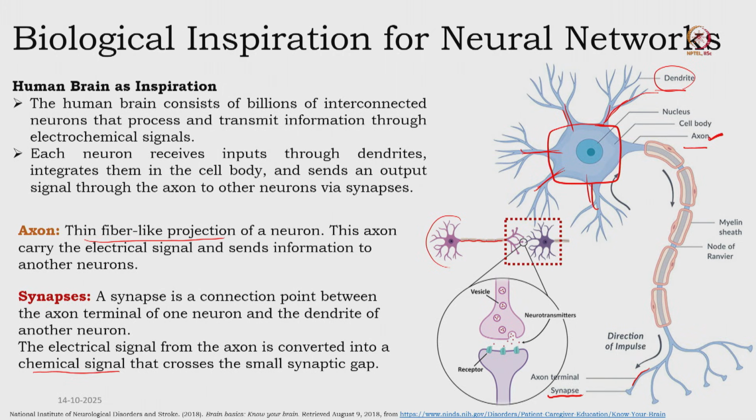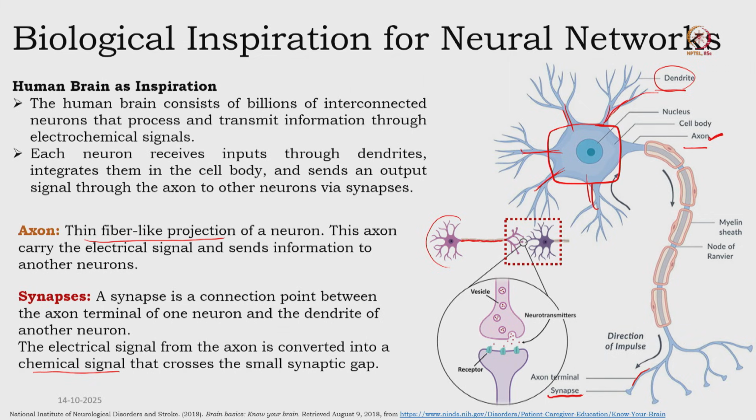If the strength of the signal passed through the axon is very high, then the synapse will release more neurotransmitters. So there can be more neurotransmitters released, or fewer neurotransmitters released. When more neurotransmitters are released, we say that the signal is stronger.